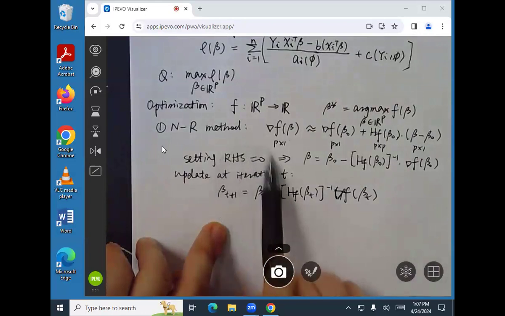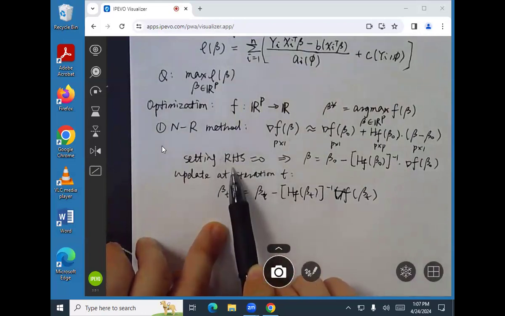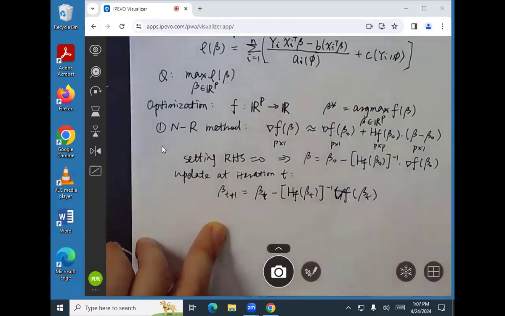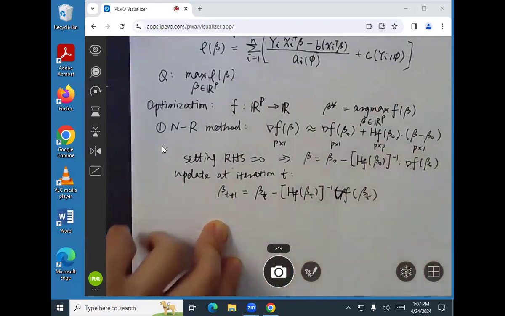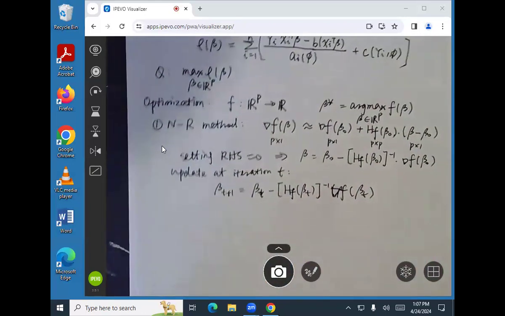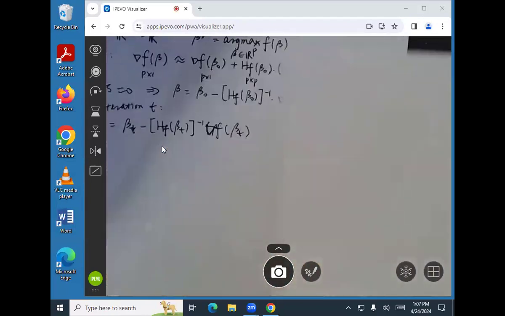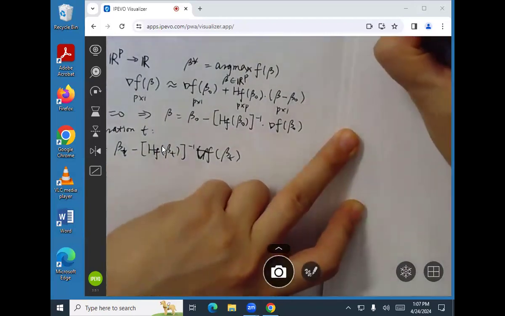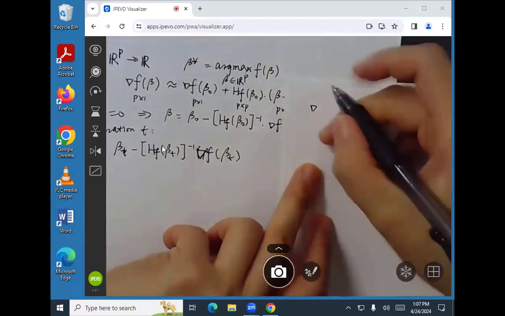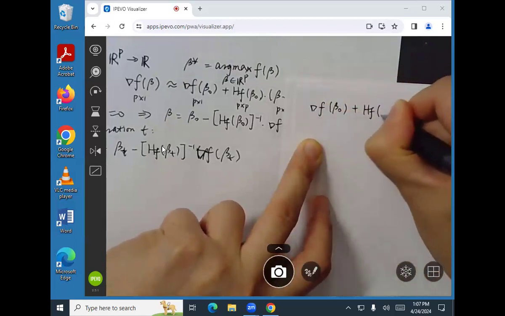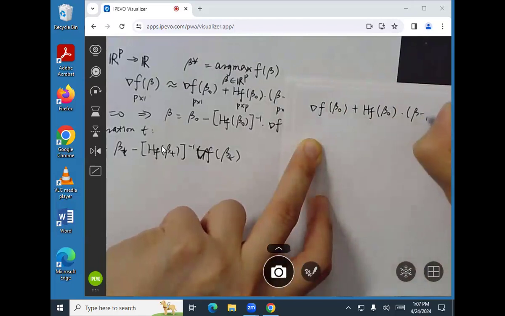So are you asking why we want to set it? It's just the algebra, right? If I write one more step, if I set this to 0, it's the gradient of f at beta 0 plus Hessian f at beta 0 times beta minus beta 0, set it to 0.